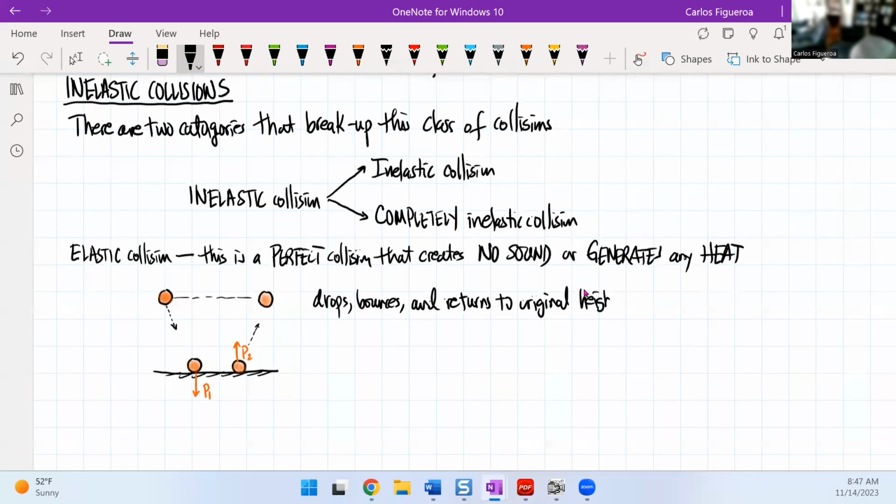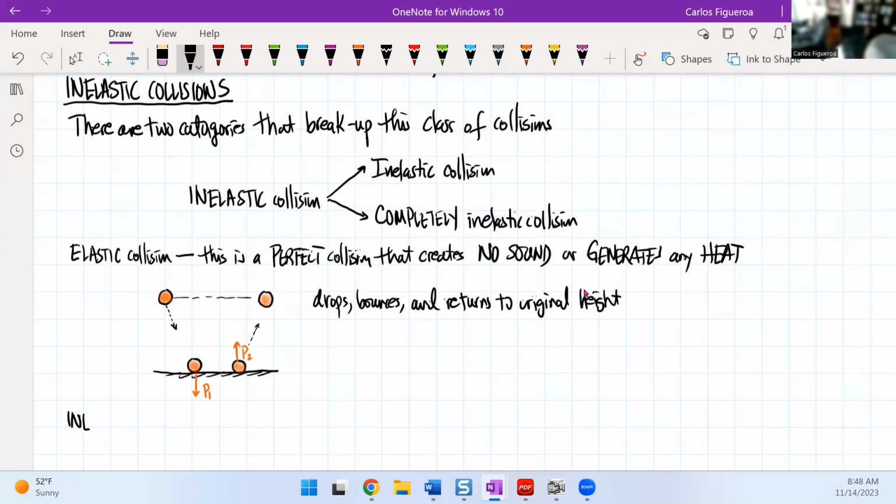You see it hit the ground, but it doesn't make any noise. I mean, think about that. If you drop a golf ball, you know you're going to hear a sound. But in the perfect case, there's no noise, there's no heat that's generated.